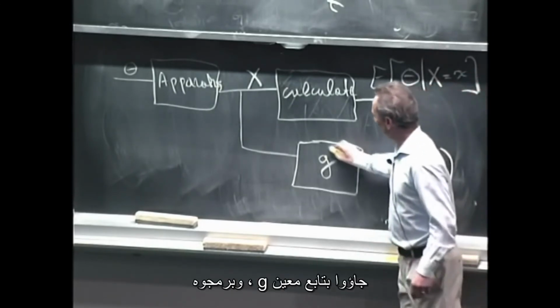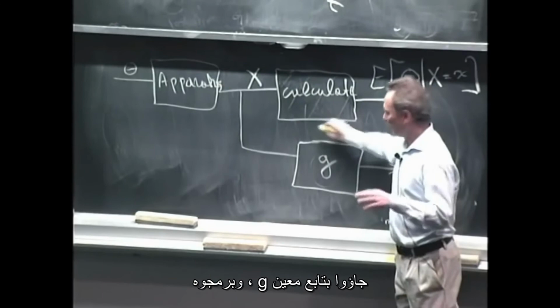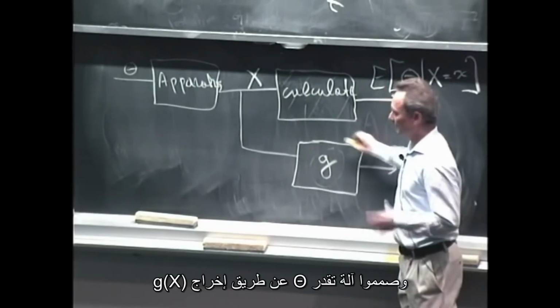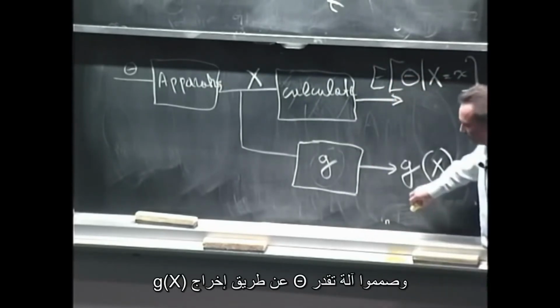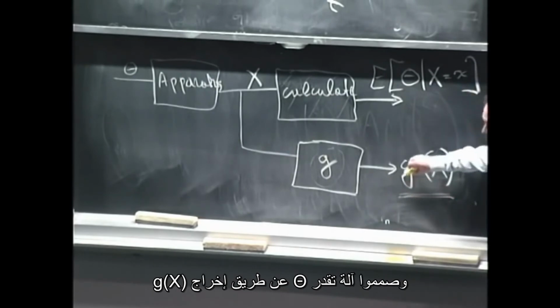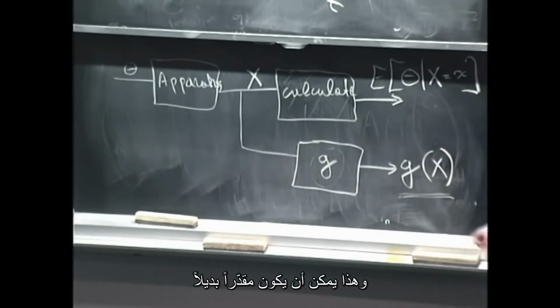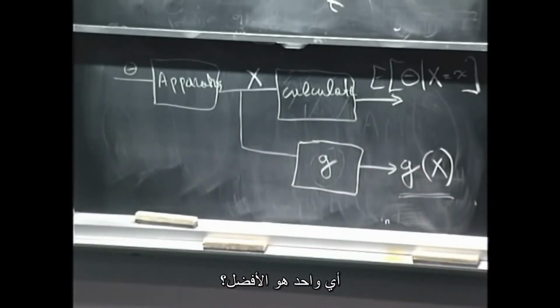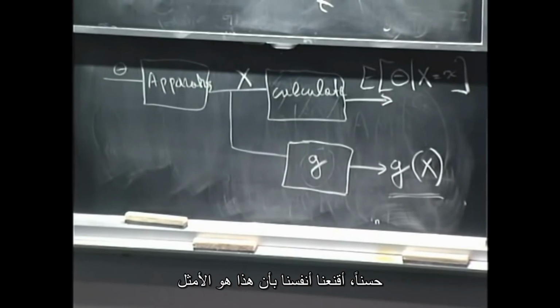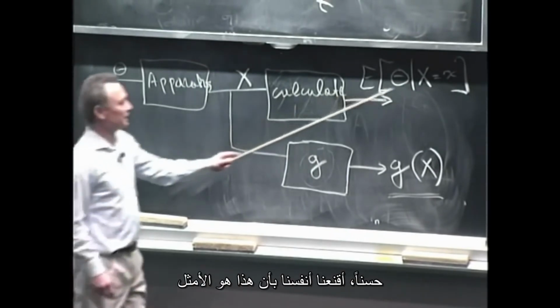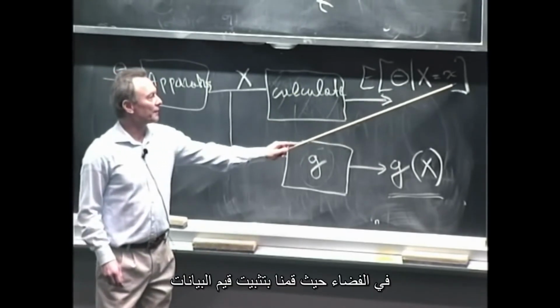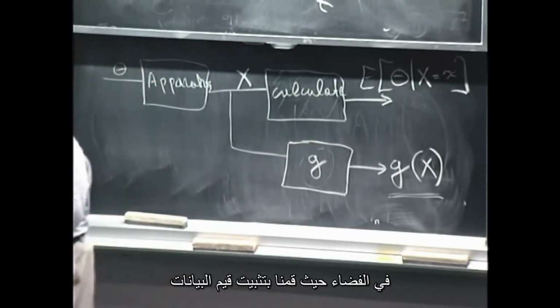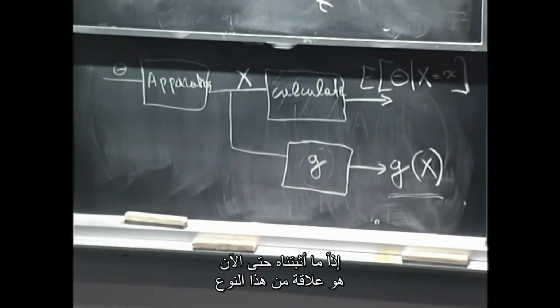They came up with some function g, and they programmed it, and they designed a machine that estimates theta by outputting a certain g of x. That would be an alternative estimator. Which one is better? Well, we convinced ourselves that ours is the optimal one in a universe where we have fixed the particular value of the data. So what we have proved so far is a relation of this kind.